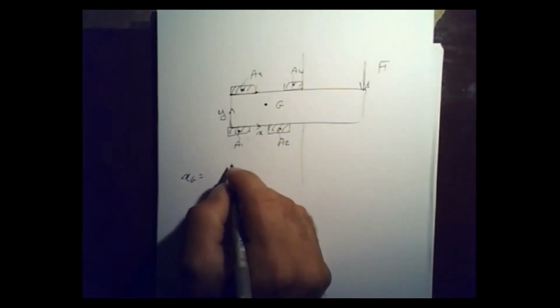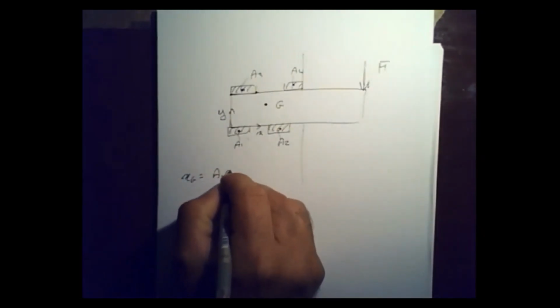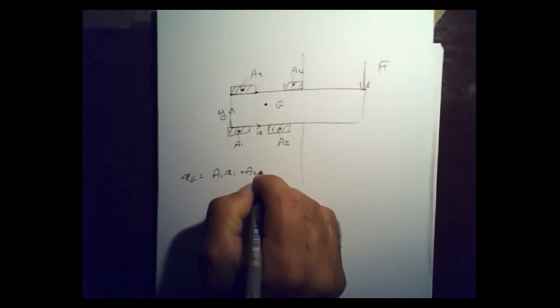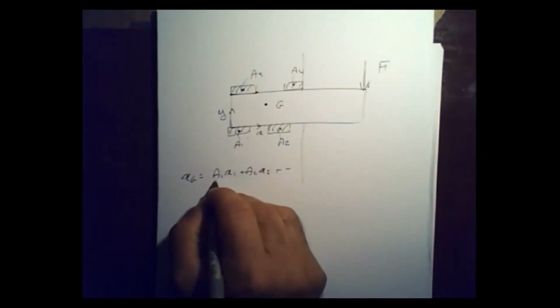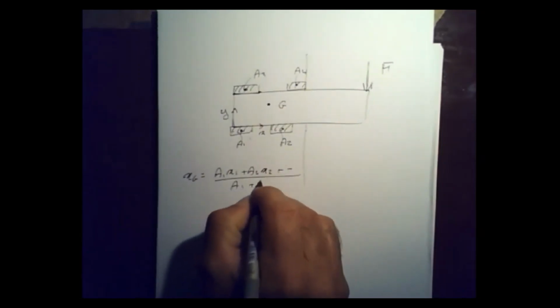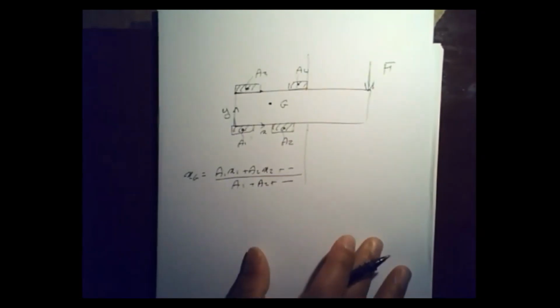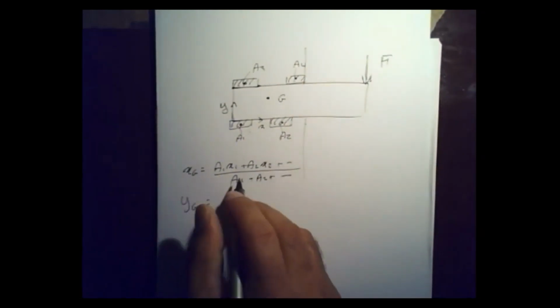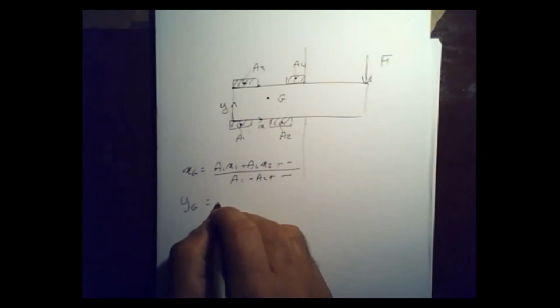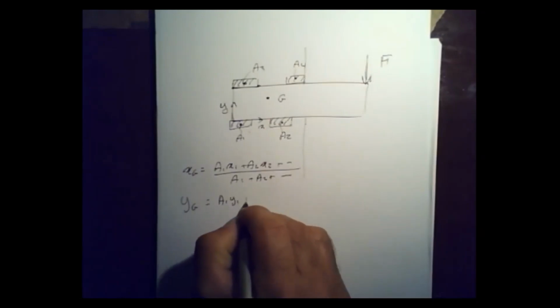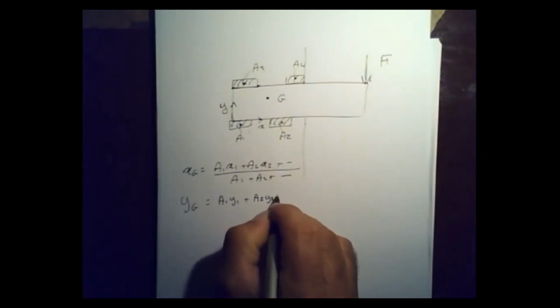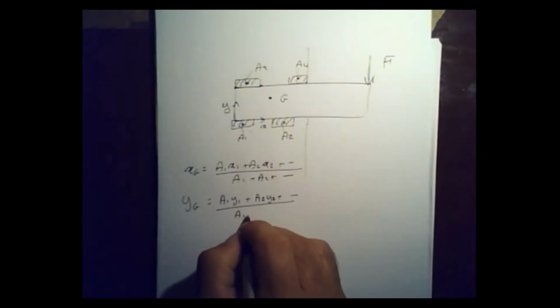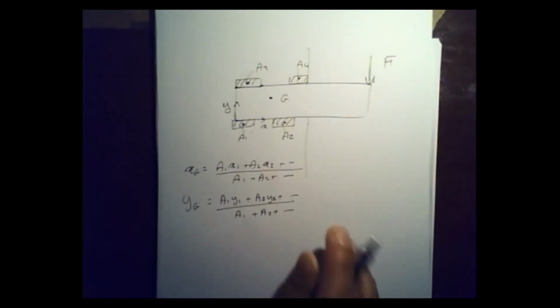So xg is going to be equal to A1 x1 plus A2 x2, etc., divided by A1 plus A2 plus the rest of the areas, right? And in a similar approach, you can get yg equal to A1 y1 plus A2 y2 plus etc., divided by the sum of the areas, right?